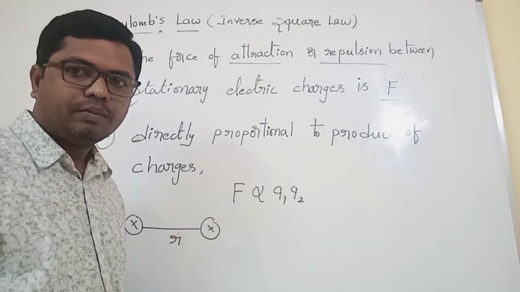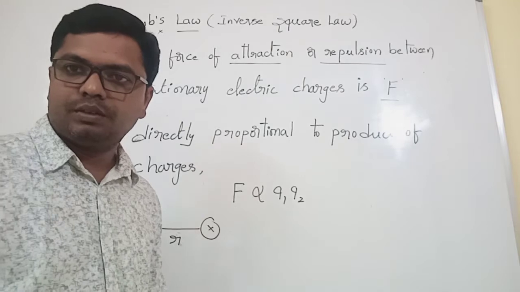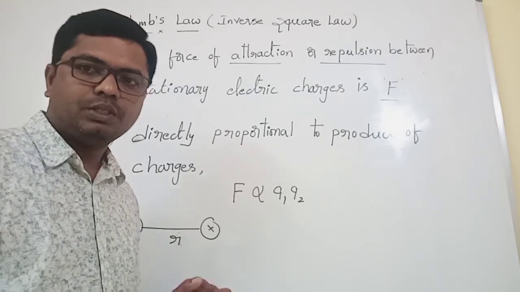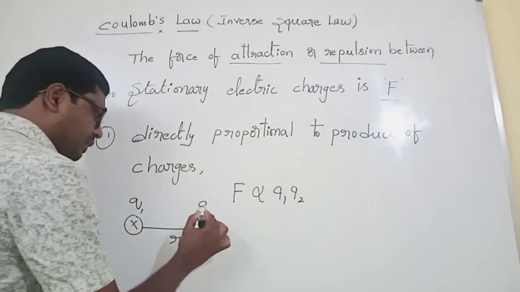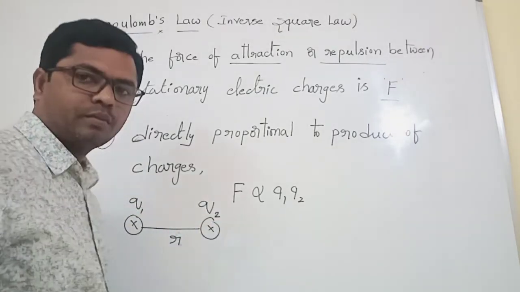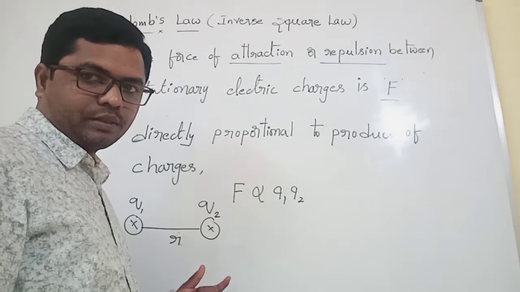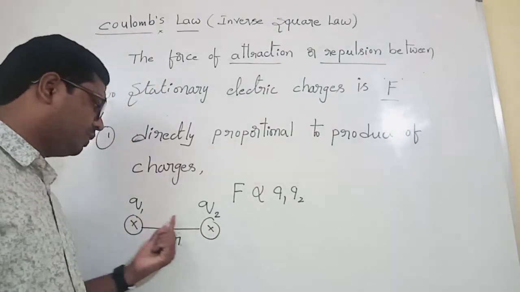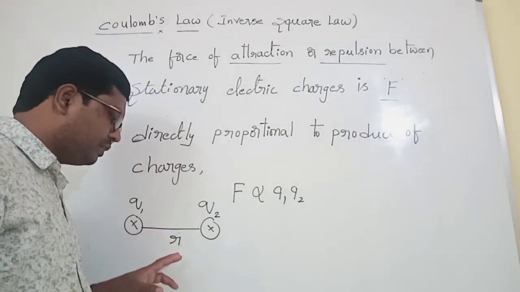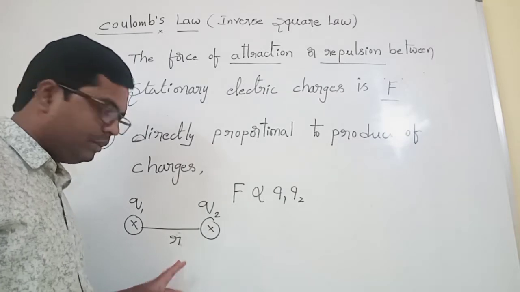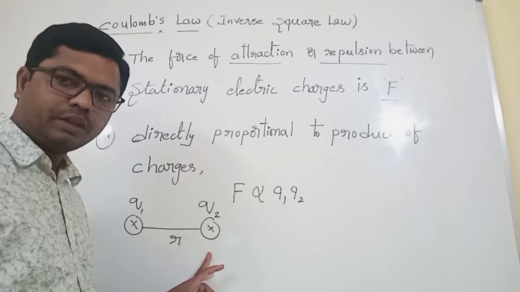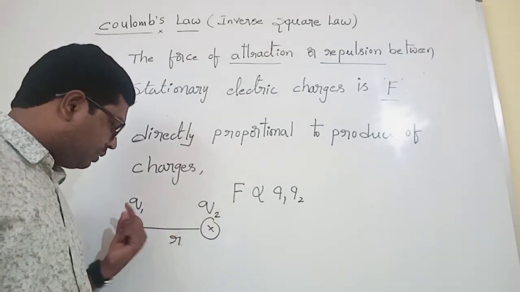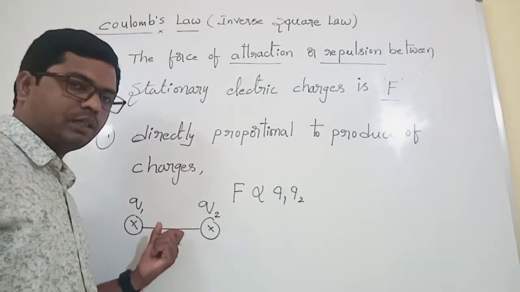Now, instead of masses, this time we are going to consider two charges. Let the first charge be Q1 and the second charge be Q2. The distance between these two charges is r. This charge is at rest and this charge is also at rest, so these two are stationary charges.